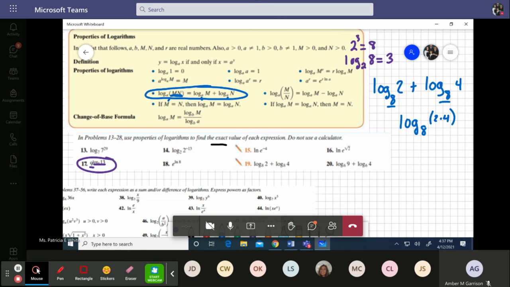Oh, what's 2 times 4? So that would be log base 8 of 8. And what does the whole thing equal if those two are the same? What's the only number I can raise it to and it won't change? 1, right? This whole thing is equal to 1.